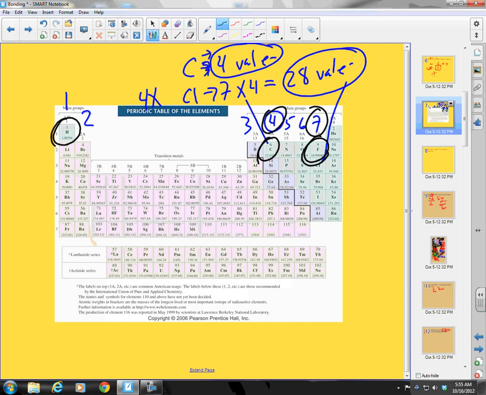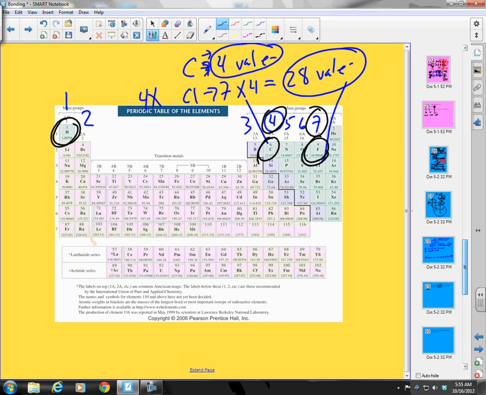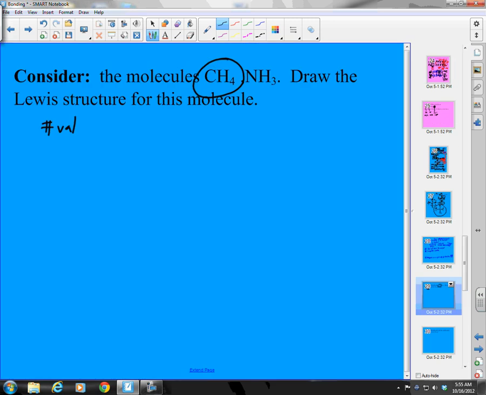Hydrogen has 1. So we have 4 for carbon, plus 4 times 1 for my hydrogens, and that is 8.